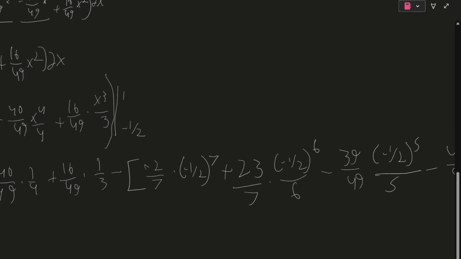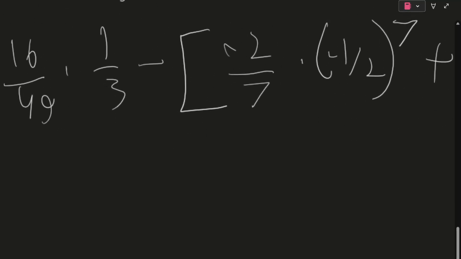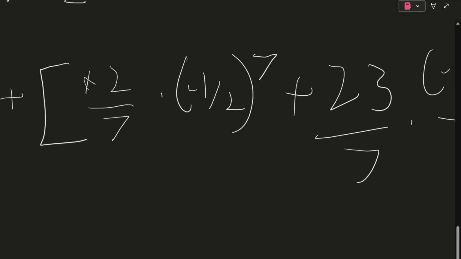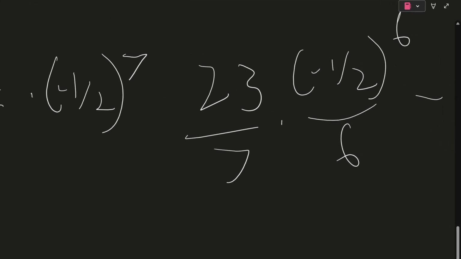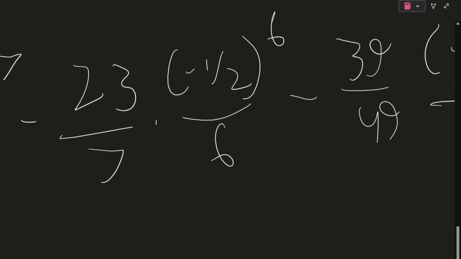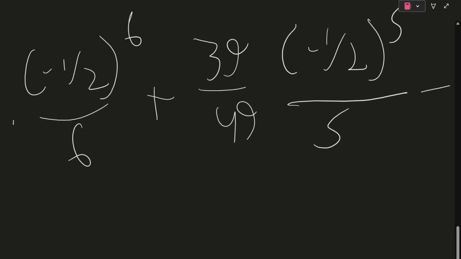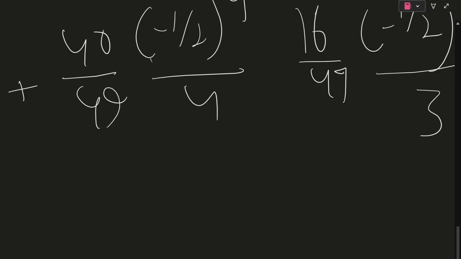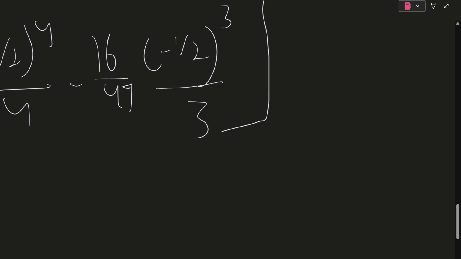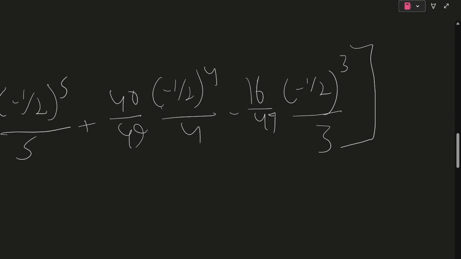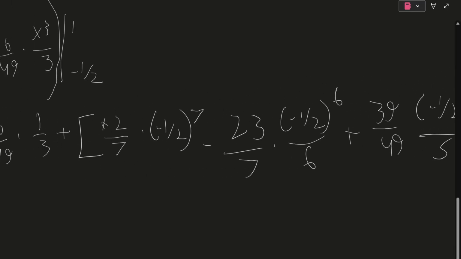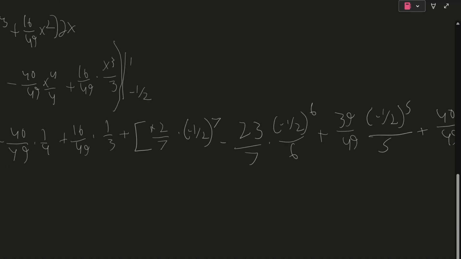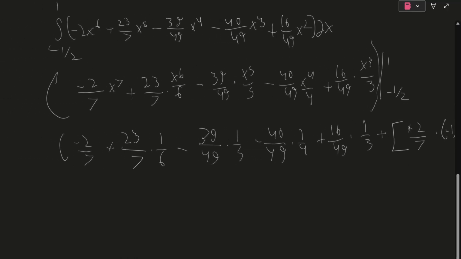And now we can go ahead and distribute our minus. So this turns into plus, this turns into a plus, this turns into a minus, this turns into a plus, this turns into a plus, this turns into a minus. We flip all of our signs. And now we can go ahead and plug this directly into our calculators.